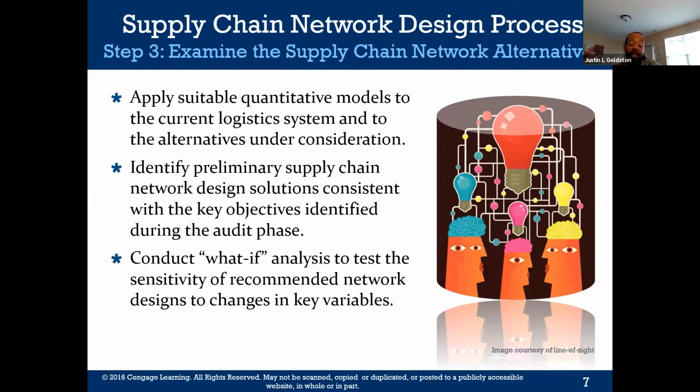The N4s, the SAPs, the Oracles, they have tools in place that will pull the data that people around your organization, around the world, are inputting every single day, so that you can provide what-if analysis. And these systems will give you suggestions on what alternatives you have, for example.